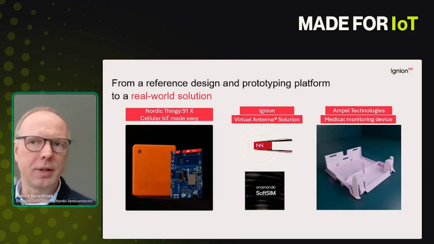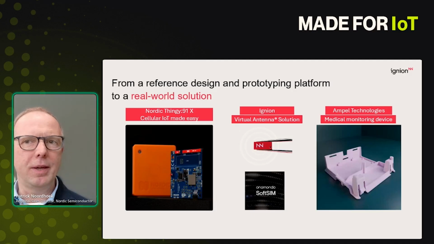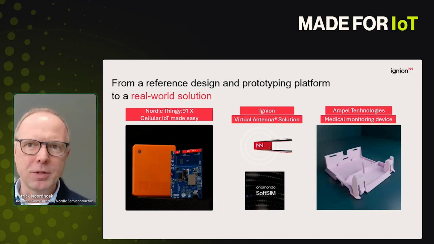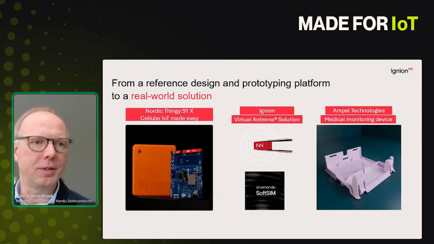But that's the Nordic Thingy. The idea behind it is to support customers like Ampel Technology to design reliably, with certainty, rather than the usual complexity which cellular solutions typically have. So it's part of making cellular IoT made easy, as we state, and I think it really is.